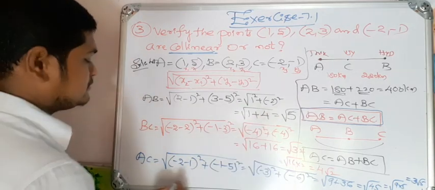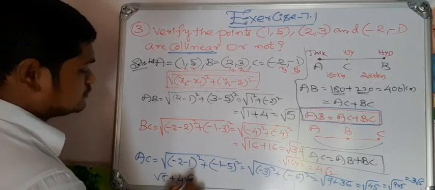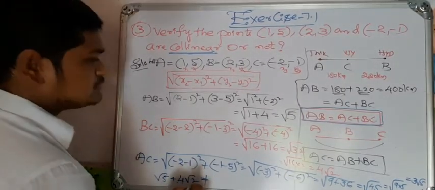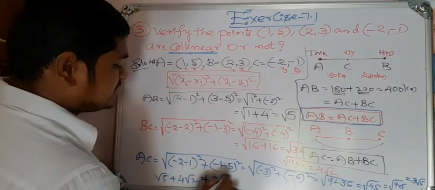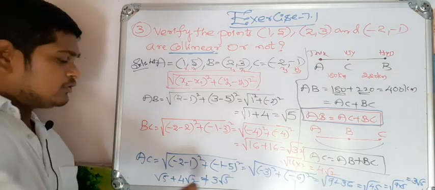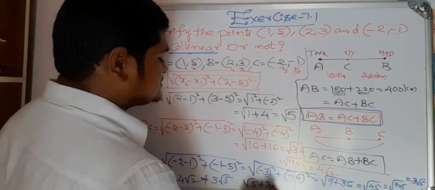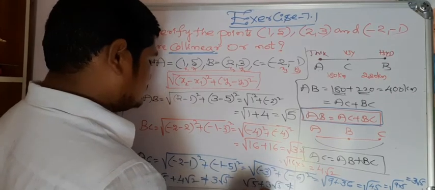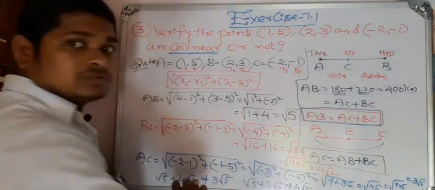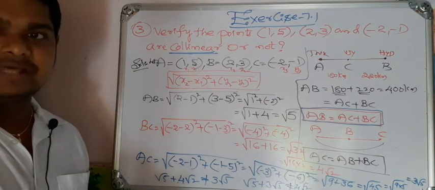Root 5 plus 4 root 2 is not equal to 3 root 5. So the given points are not collinear. Not only these two, if we add root 5 plus 3 root 5, it is also not equal to 4 root 2. Then we can conclude that the given points are not collinear.